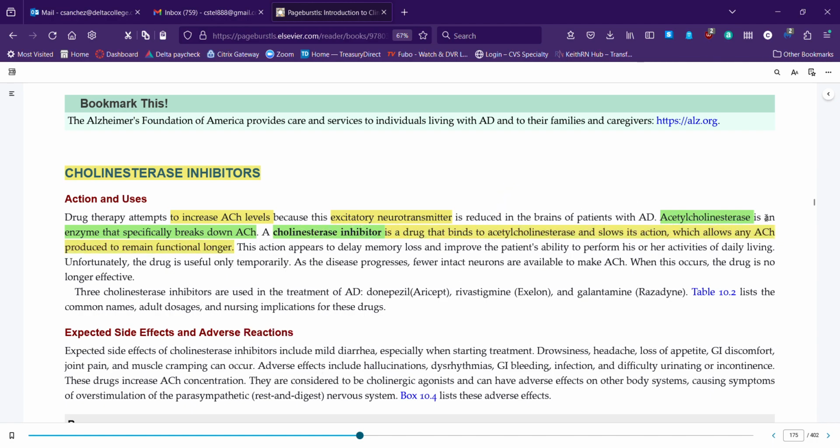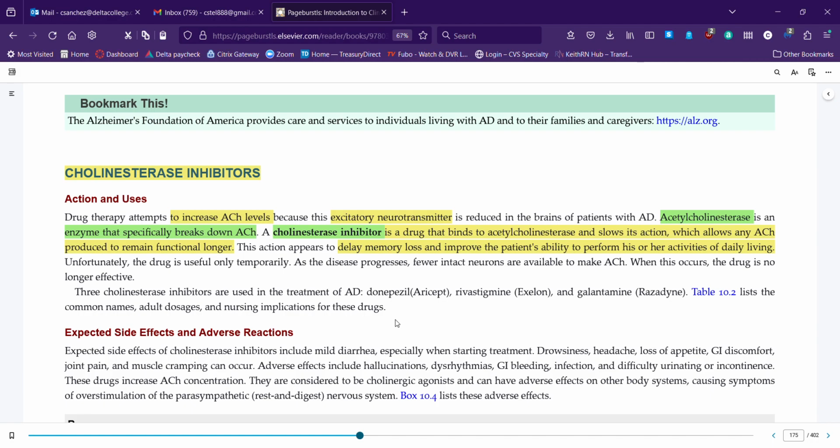Okay, so if this inhibitor is blocking this enzyme, then that means it's not breaking down the acetylcholine, which means more acetylcholine is in that area that can be used. Alright, so this action appears to delay the memory loss and improves the patient's ability to perform their activities of daily living. So again, this drug is only a temporary fix.